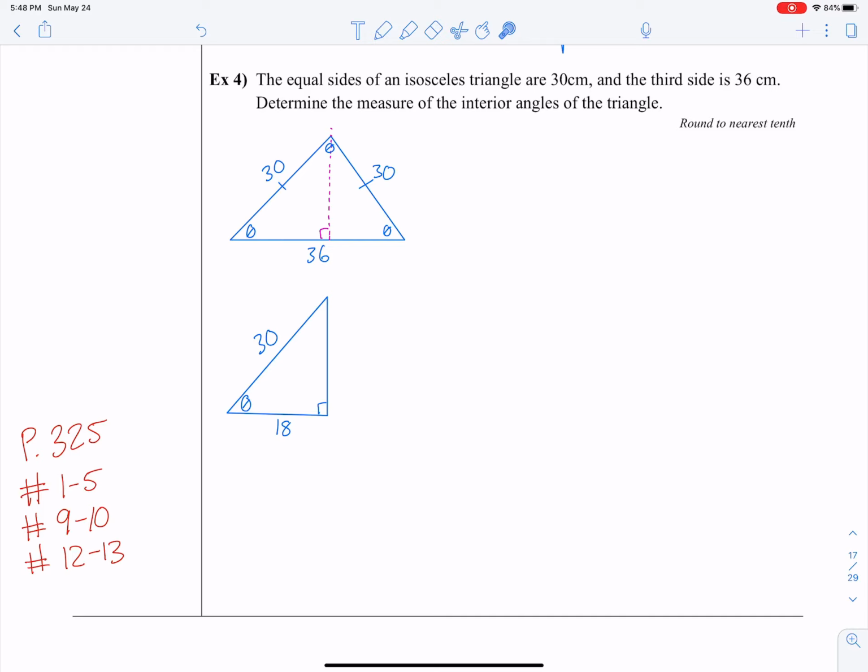So I'm going to label my triangle. I know that this is my hypotenuse because it's opposite my right angle. And here's my angle, so that means this is my opposite and this is adjacent.